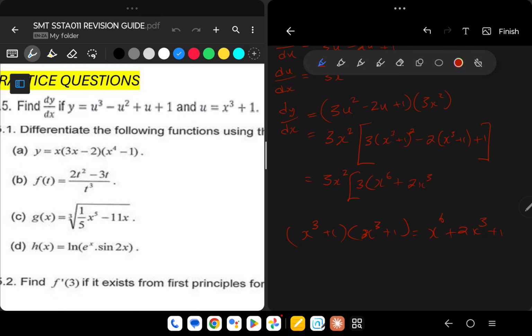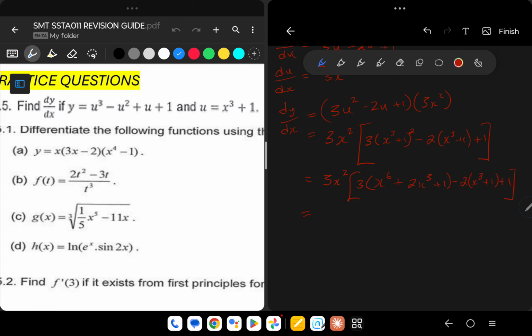Minus 2 into x cubed plus 1, plus 1, right? We also continue with it, simplifying it further.